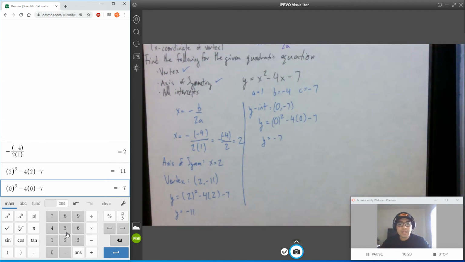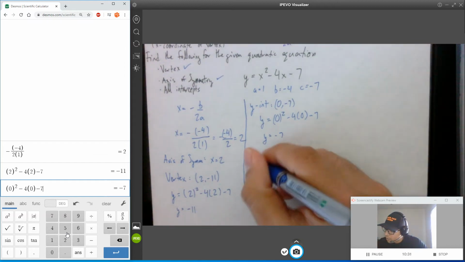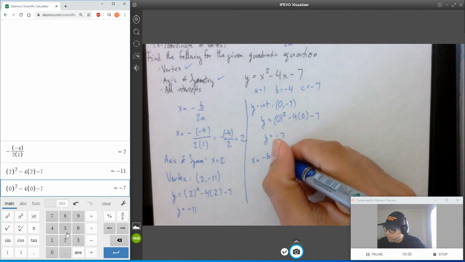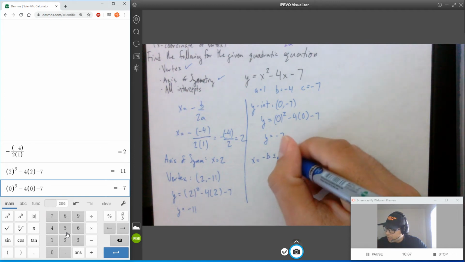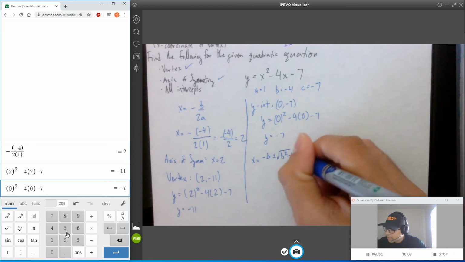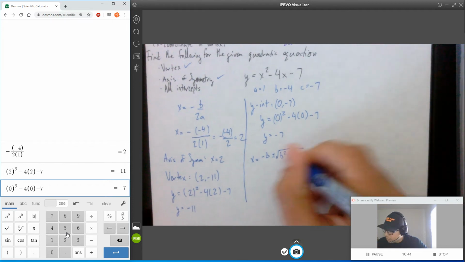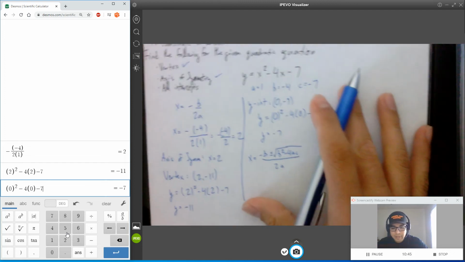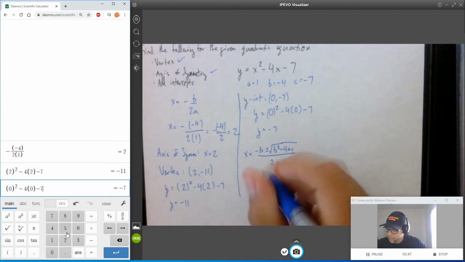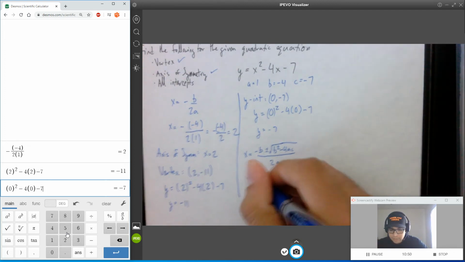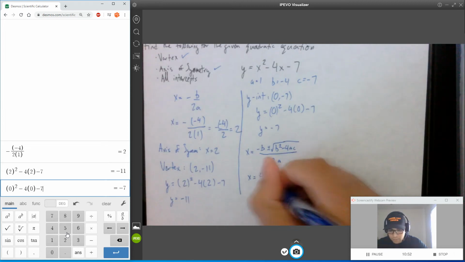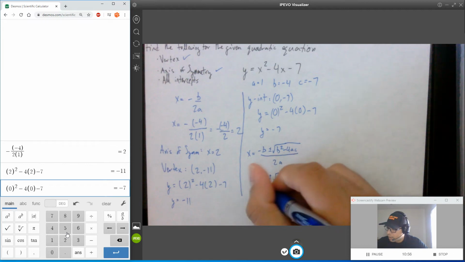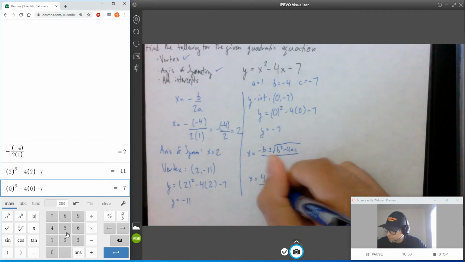And since this is not factorable, we use our quadratic formula. x is equal to the opposite of b, plus or minus the square root of b squared minus 4ac, all over 2a. My values are right up here. Once you simplify all this, you get that x is equal to 4 plus or minus the square root of 44, all over 2.